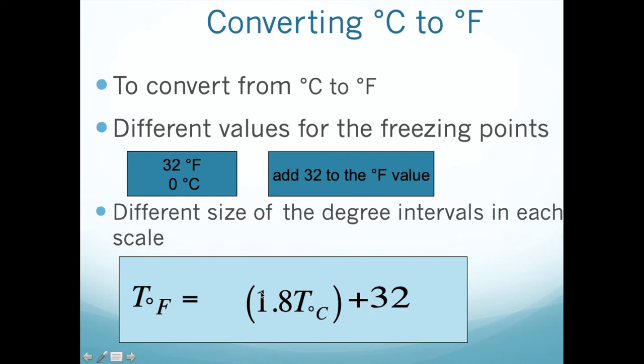Now, that helps convert the size of your degrees. Don't forget the starting point is different. So if you want your temperature in Fahrenheit, you have to add 32 to that answer to get the temperature in Fahrenheit.